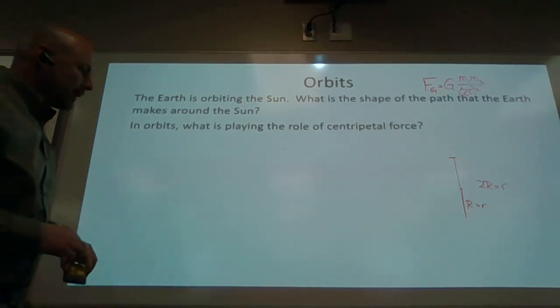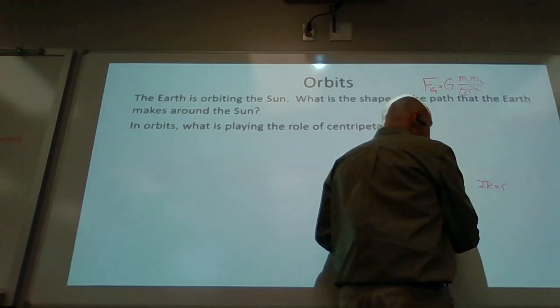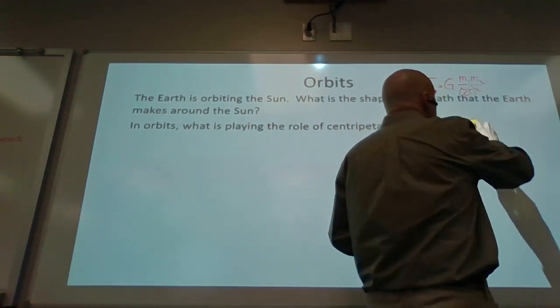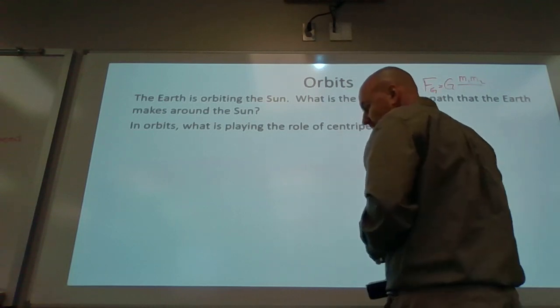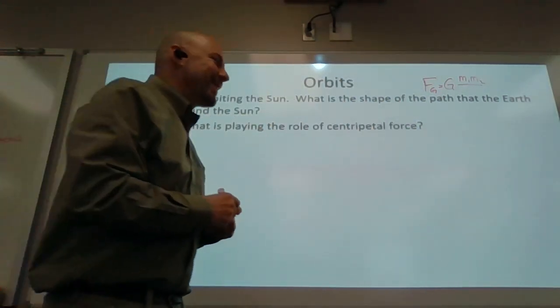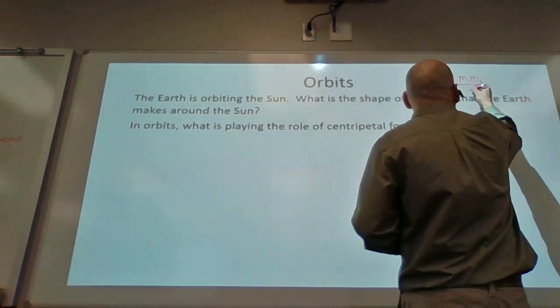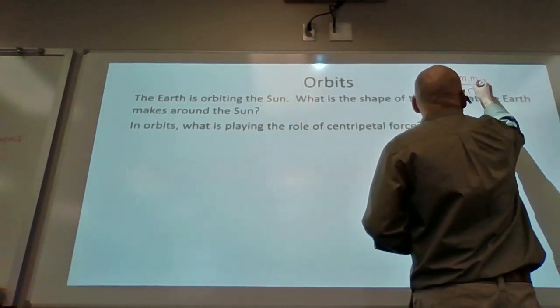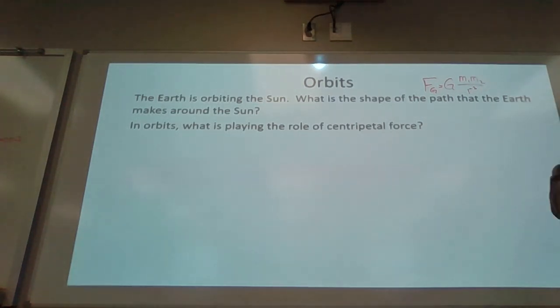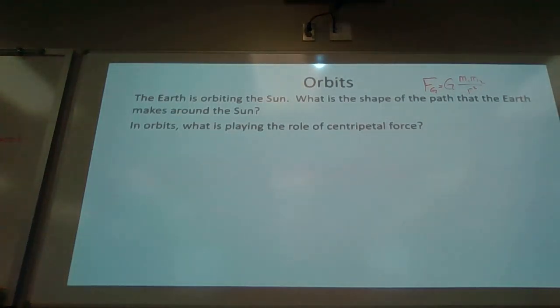So how would you describe the shape of the Earth's orbit around the sun? Triangular, square, circle. Does the Earth naturally want to go in a circular path, or would its inertia want to do something different?